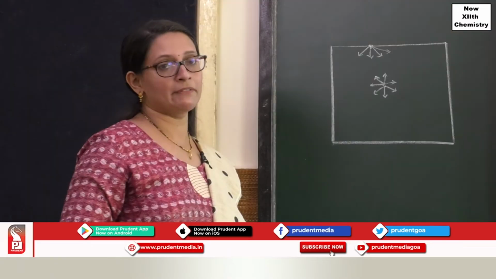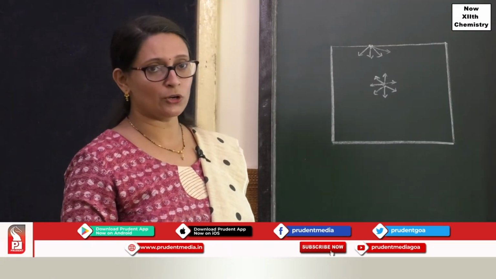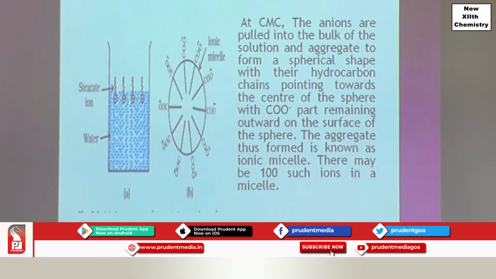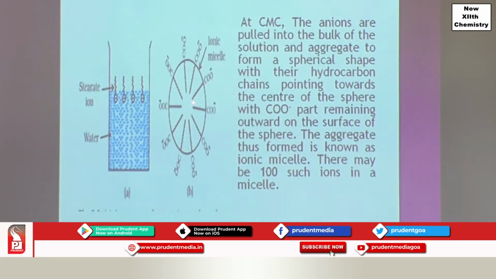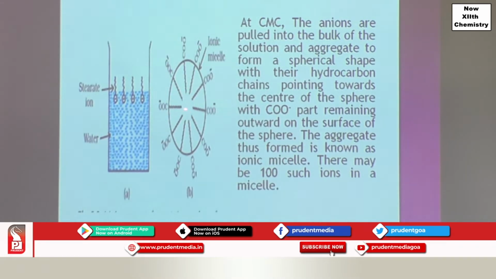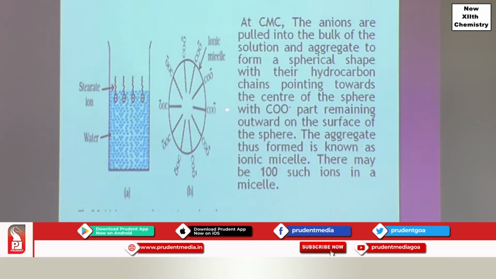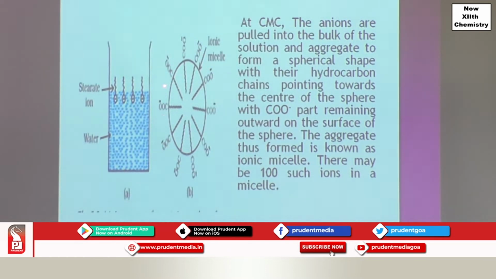Now, suppose you have an organic impurity or an oil drop, then how do these stearate ions align to it? In the center we will consider there is an organic impurity. How do these stearate ions get adhered? The tail part which is non-polar sticks to the organic impurity, and the head part which is polar or hydrophilic in nature is in the periphery.